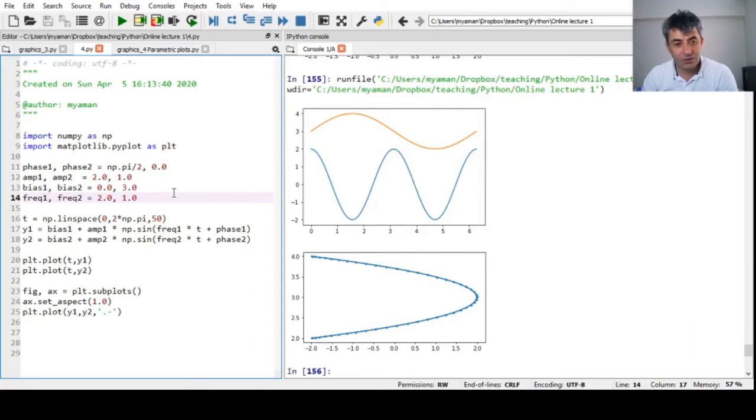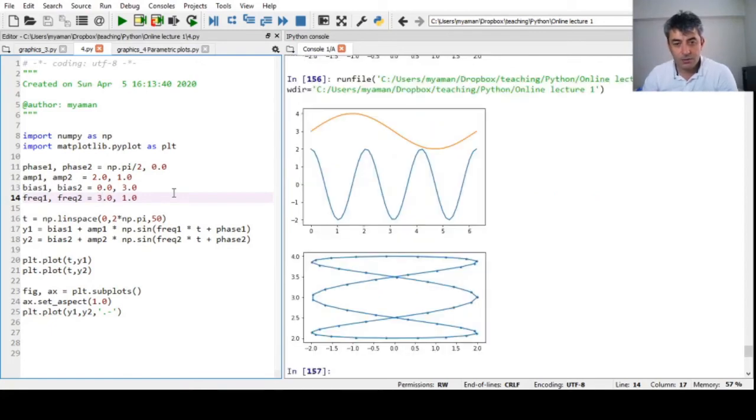Okay, the picture changed completely. Now I don't have a closed curve. What about making it 3? That still gives something really unexpected.